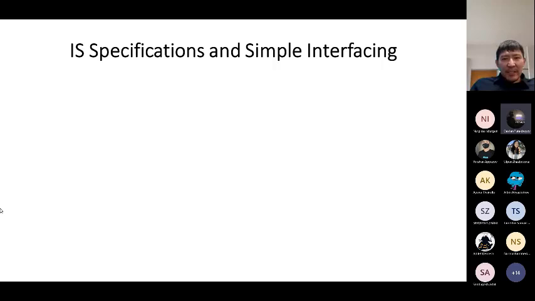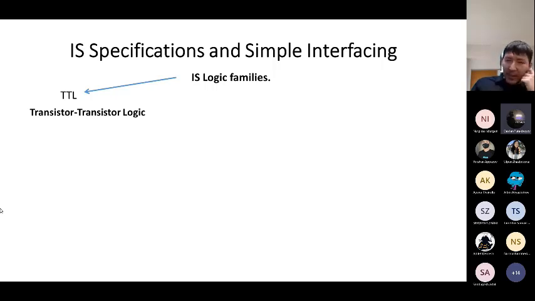Integrated circuit specifications, simple interfacing. You should know that we actually have two big families. What kind of families do we have? Integrated circuit logic families: TTL and CMOS. TTL stands for transistor-transistor logic, so it's based on bipolar transistor technology.